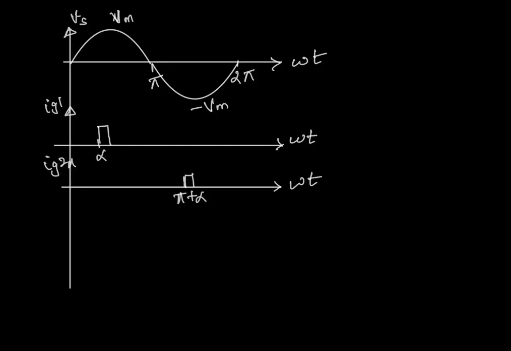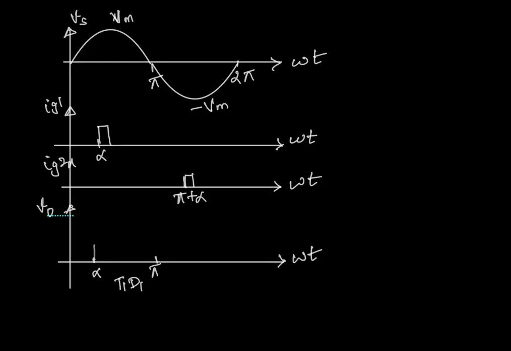Now we will draw the output voltage waveform. The output voltage waveform starts from alpha to pi, when T1 and D1 are in on condition.